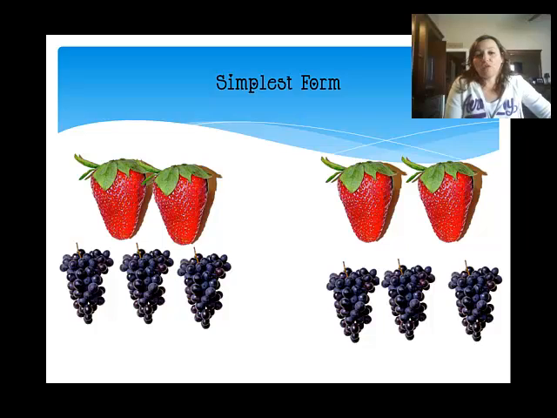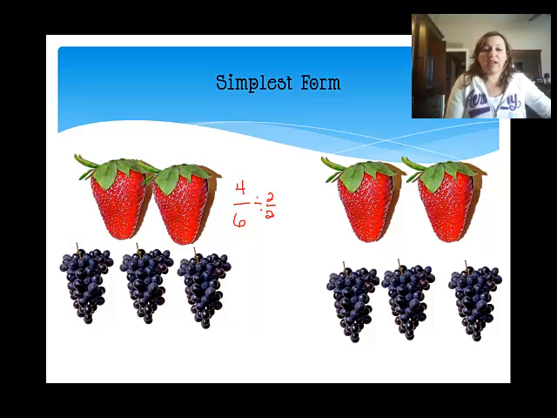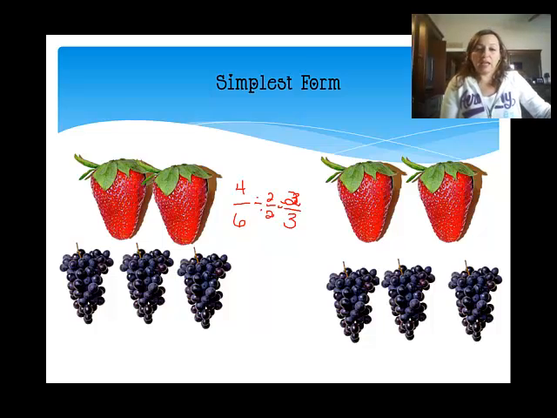So we had 4 cups of strawberries to 6 cups of grapes. We're going to simplify that down by dividing by 2 because we can put them in 2 different groups. That's the greatest common factor that goes into both of them, which gives us 2 over 3. So we can see that this is the simplest form.